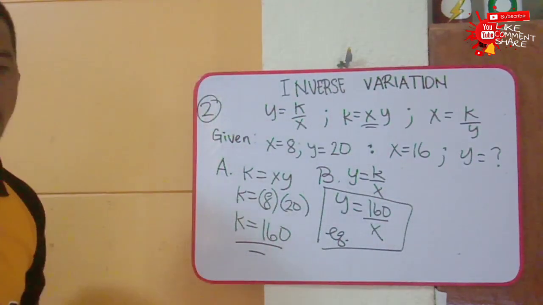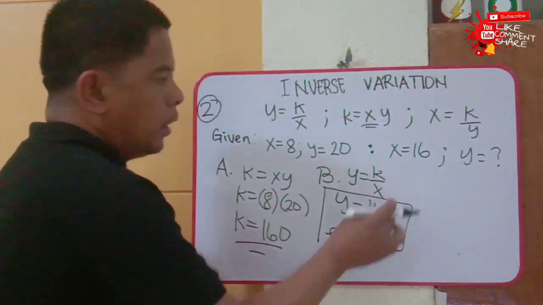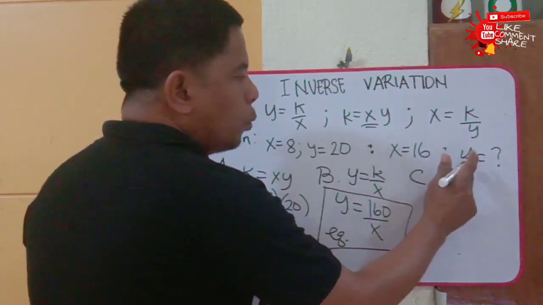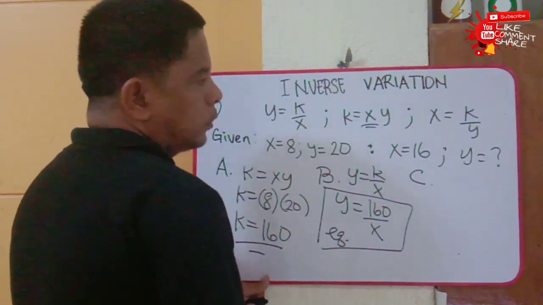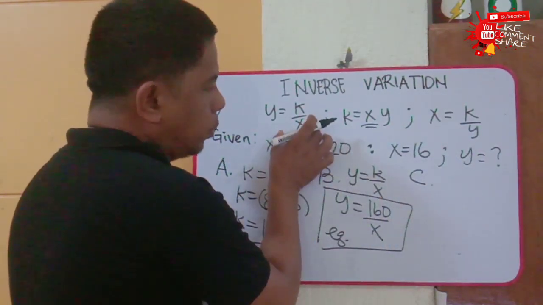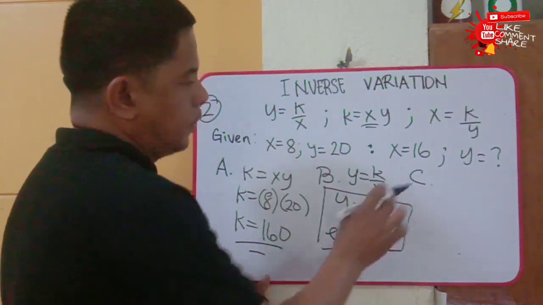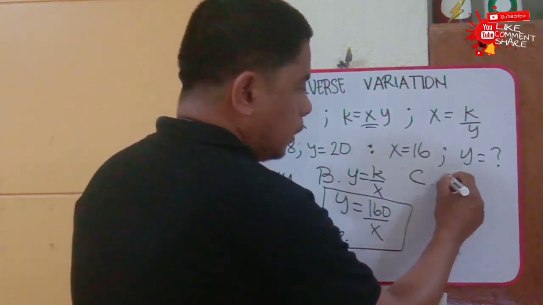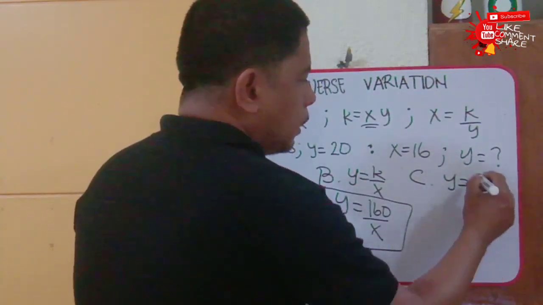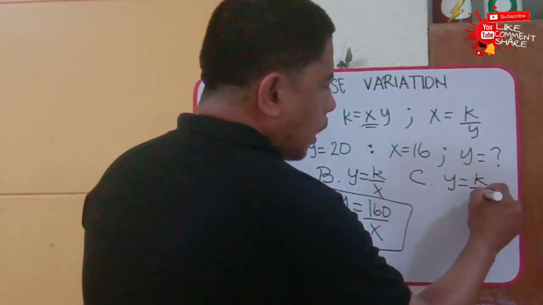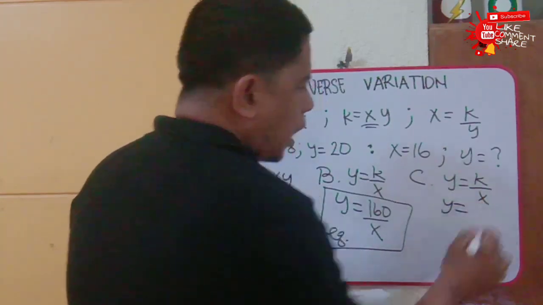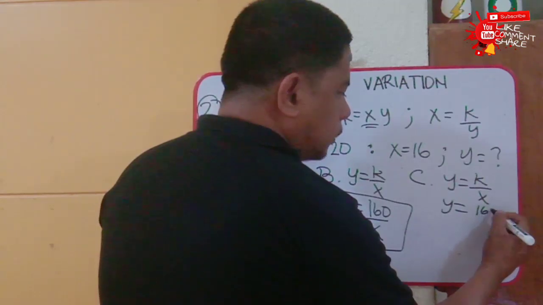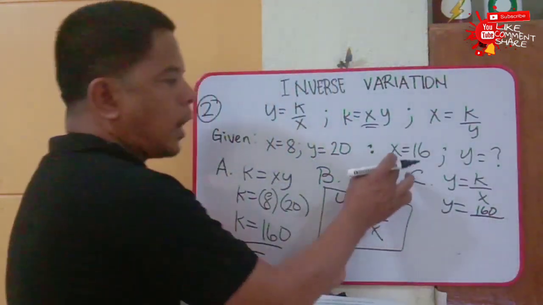And letter C. Okay, letter C. If x equals 16, y is equals to 8. So, kukunin lang natin. Ito lang yung gagawin nating formula. Sa substitute lang natin. So, hinahanap si y. So, y equals k over x. What is k? Or constant? K is 160. What is x?